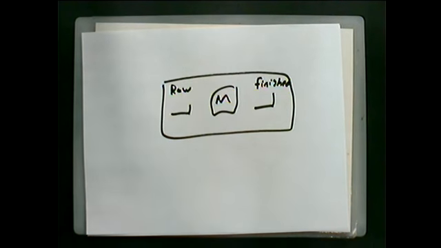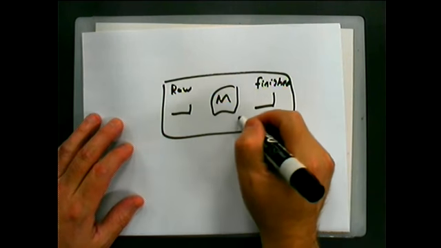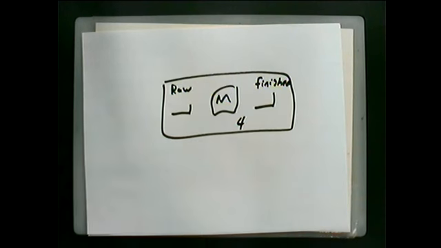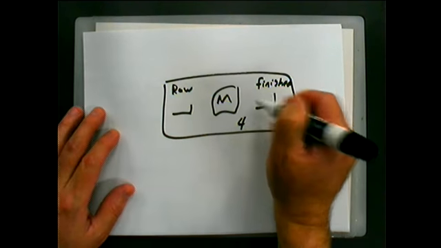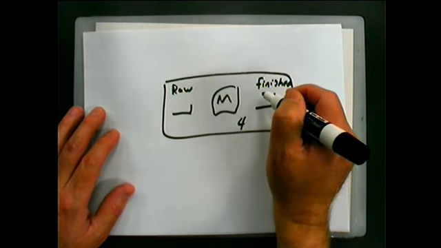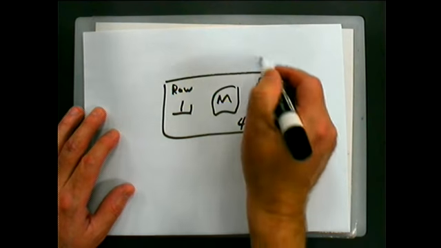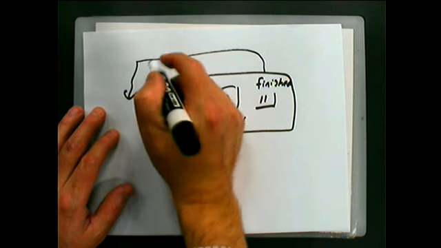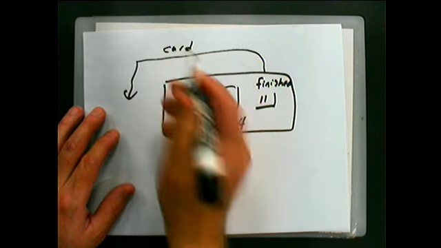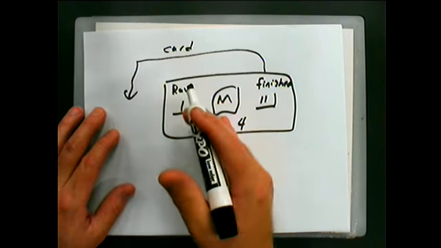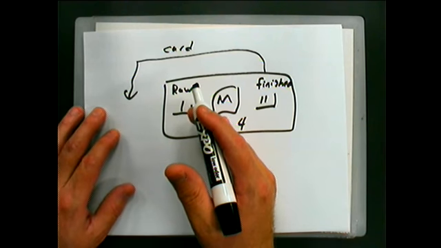Now, if I have a Kanban of 4, that means only 4 parts can be in this system. Where can they be? Well, they could be all unfinished and the machine stops, or maybe I have 2 here, 1 here, and then 1 card is going to the prior work center to try to pull another raw material to this machine.